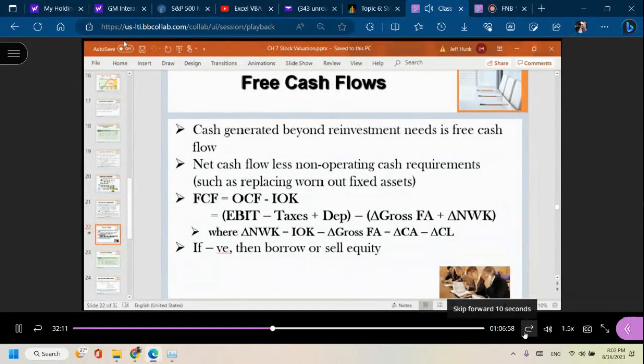EBT is the tax base for the IRS. As EBT, the taxable income, goes down by 50K, the tax will go down by as much. If the tax rate is 40%, it will go down by 40% of 50,000.